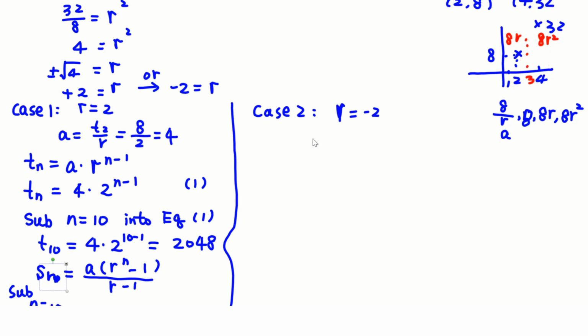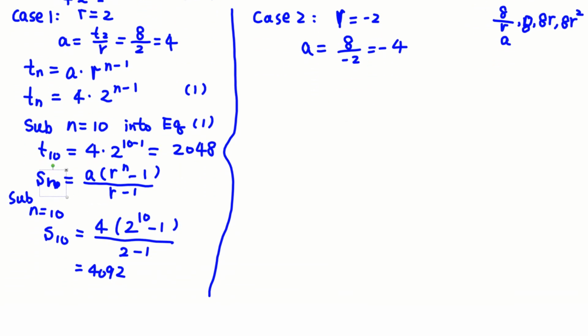Now we are going to find the a value, the second term divided by the ratio, to get the first term as -4. Because a and r changed, the t sub 10 and s sub 10 will change. So we are going to do the same thing as the left side, but we sub a equals -4, r equals -2 into the general term formula.